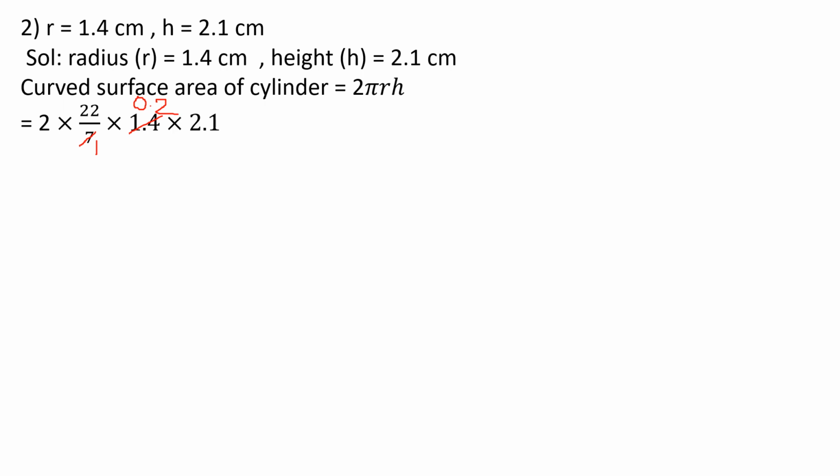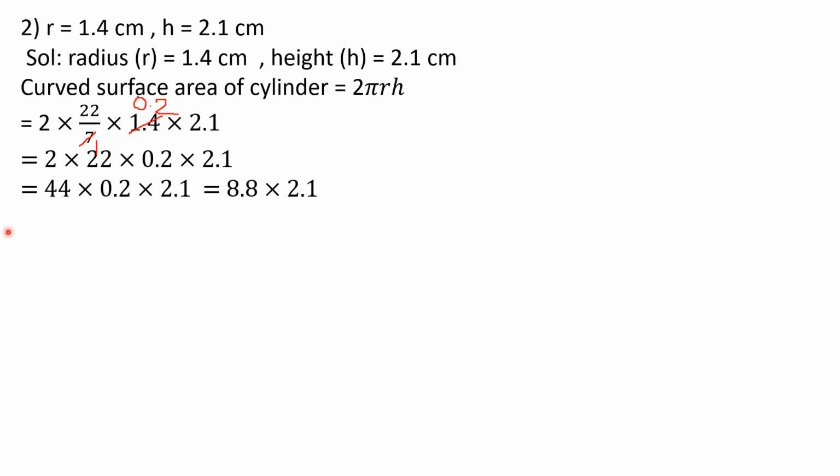Okay. Now student, we'll multiply 2 into 22 into 0.2 into 2.1. So I'll multiply 2 into 22, it will become 44. So I'll write down 44, that is 2 into 22 into 0.2 into 2.1. I'll multiply these 2 first, then 44 into 0.2 into 2.1.